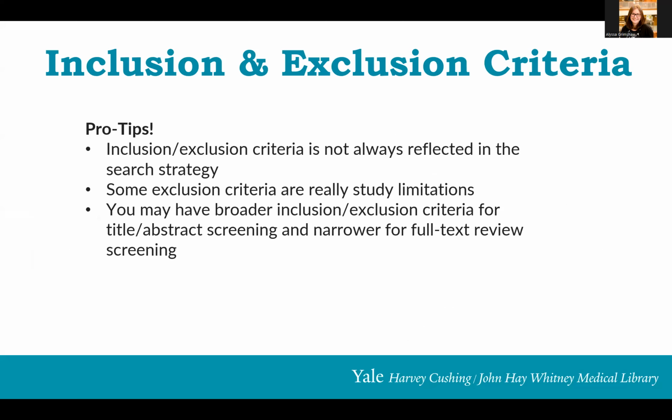Okay, so pro tips related to inclusion and exclusion criteria. Your inclusion exclusion criteria is not always reflected in your search strategy. I know I said that, but I just want to say it one more time so that everyone really hears it. Some of your inclusion criteria may be study limitations, like I said, with that date limitation, the language limitation.